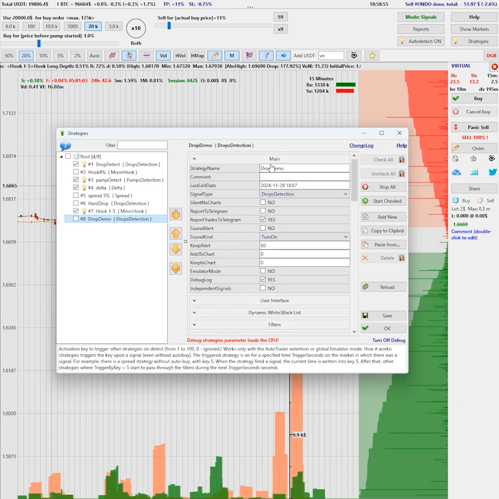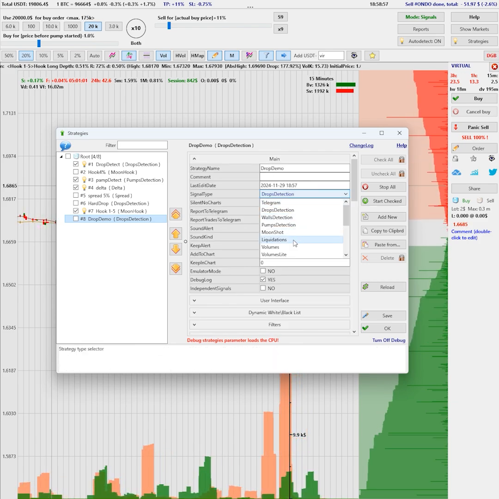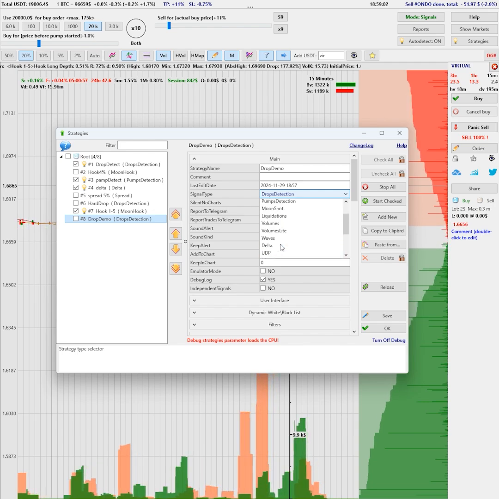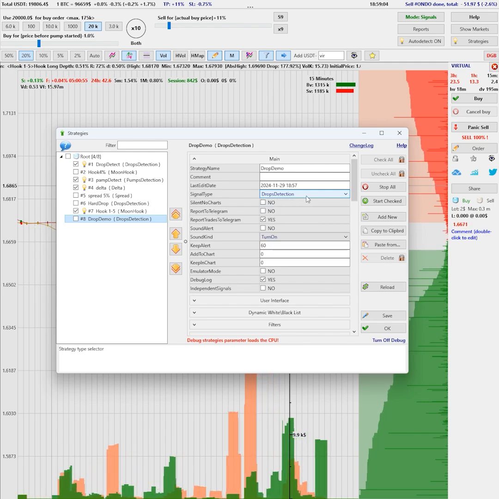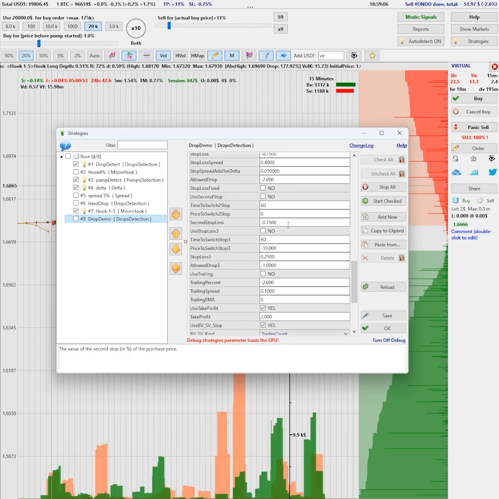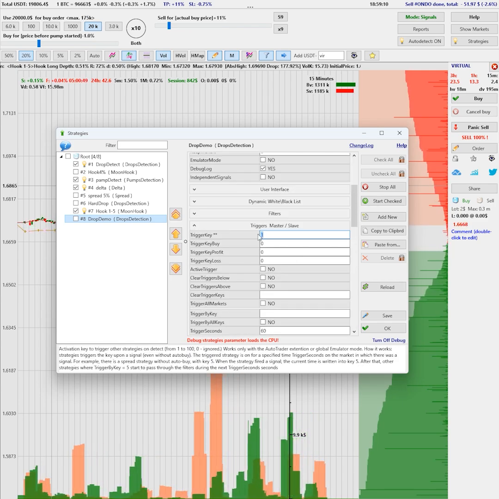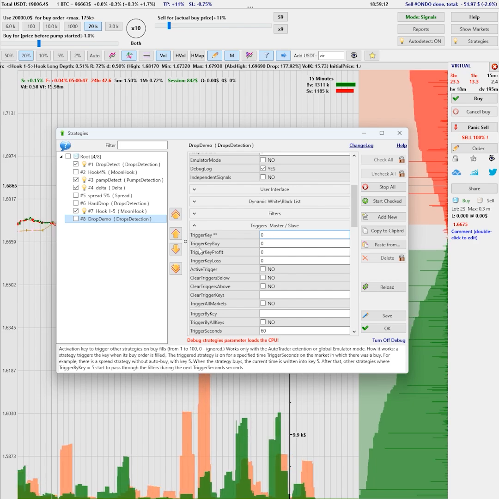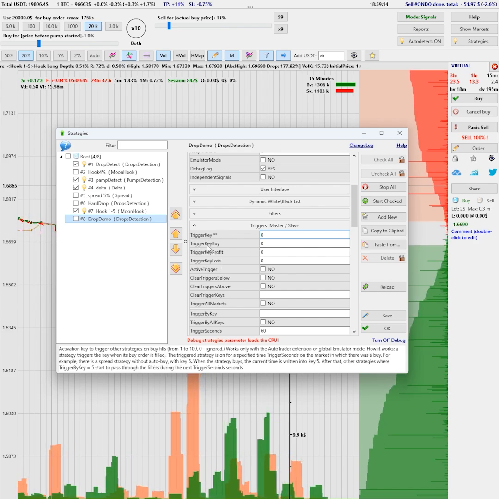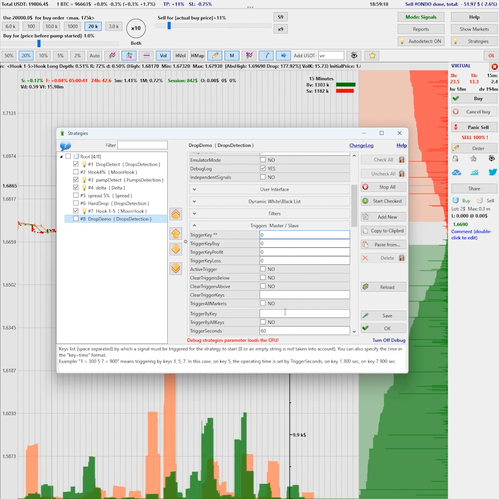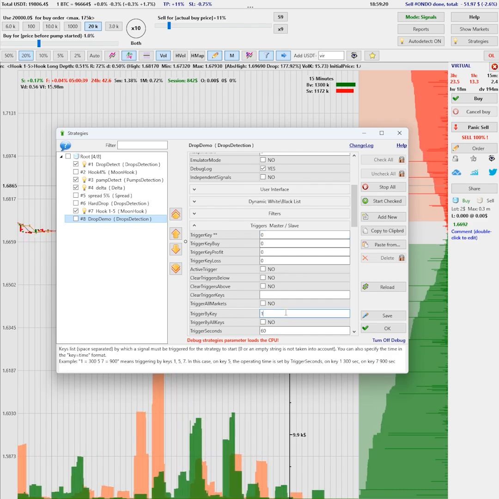When we go and select a different strategy, let's say one called volumes, in that one we'll come in and say, this one will be 0 by default, but trigger by key we'll put as 1.